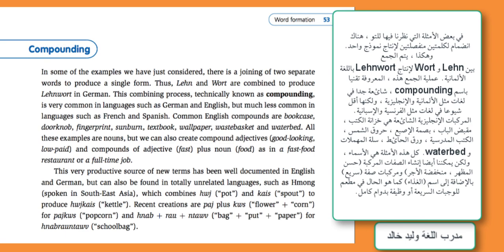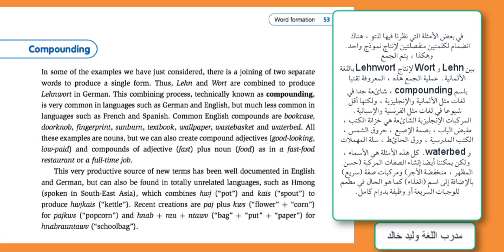All these examples are nouns, but we can also create compound adjectives like good-looking, low-paid, and compounds of adjectives such as fast plus noun like food, as in fast food. But remember, fast food. Clipping or cutting the T here, fast food, restaurant, or a full-time job.